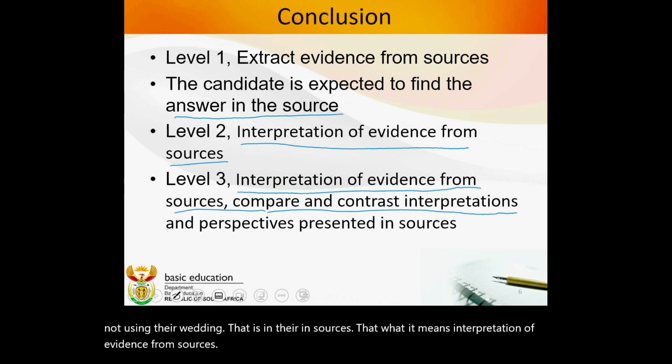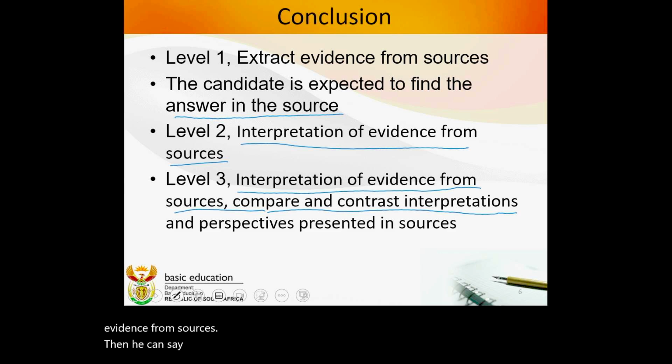Then he can say that in source 1B, this is a Russian source, which indicates that the Marshall Plan was not a success. That information is from 1B. Stalin viewed the Marshall Plan as an interference in domestic affairs of European countries.